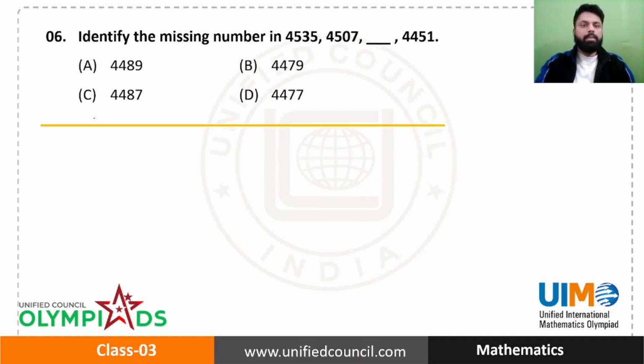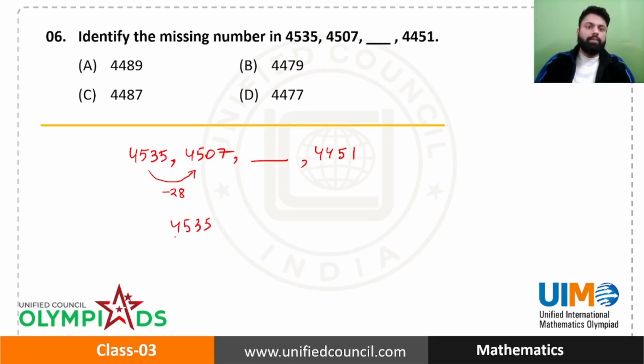A option. Identify the missing number over here. So we have 4535, 4507, then dash, then 4451. So if we talk about these two numbers, the difference is 4535 minus 4507, that is 28. 15 minus 7 is 8, this is 28.